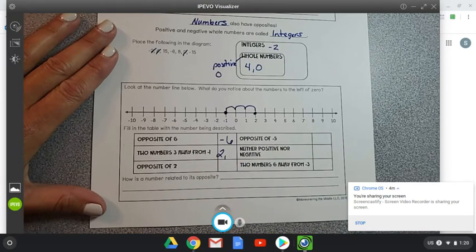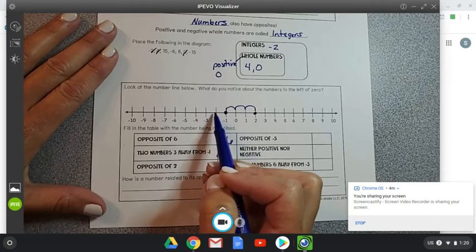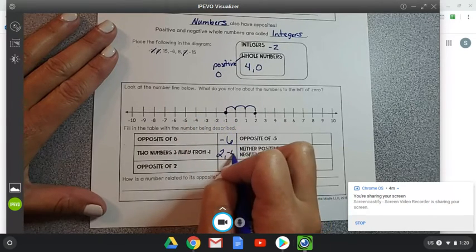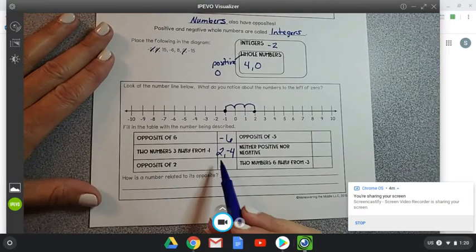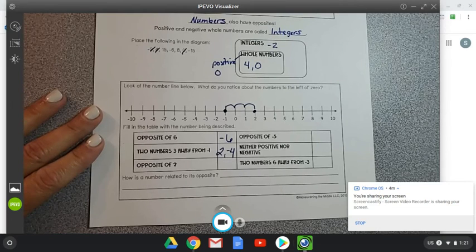And if I go to the left to get 3 away from -1, 1, 2, 3, that's going to put me at -4. So +2 and -4 are both 3 away from -1. Now I'm going to let you guys do the rest of these in your Ed puzzle.